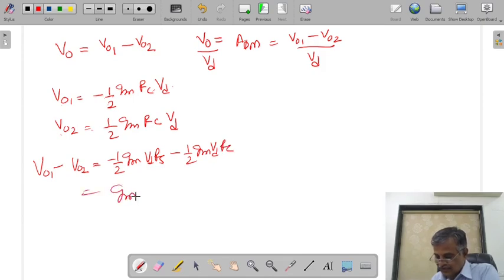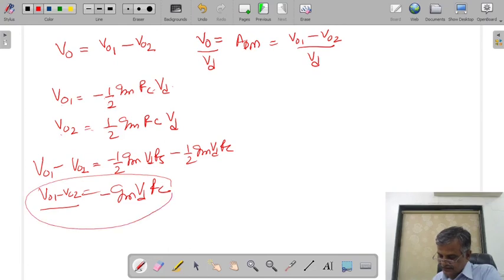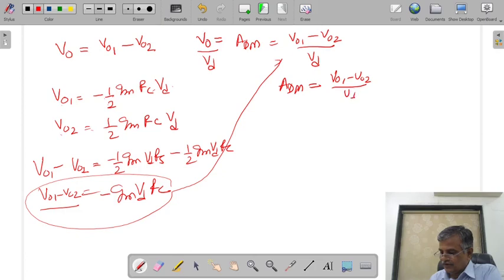So it is Gm Vd into Rc. From this you can write ADM is equal to VO1 minus VO2 upon Vd, which is equal to minus Gm into Rc.